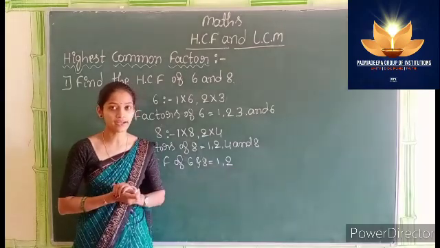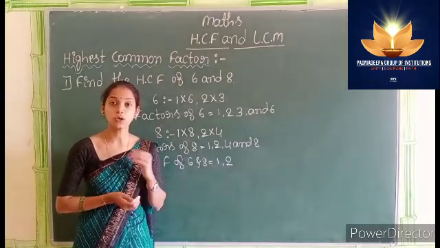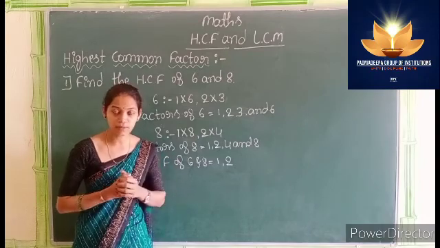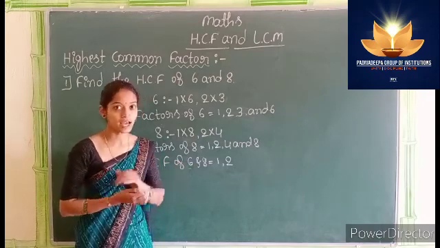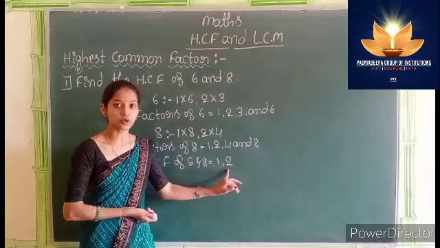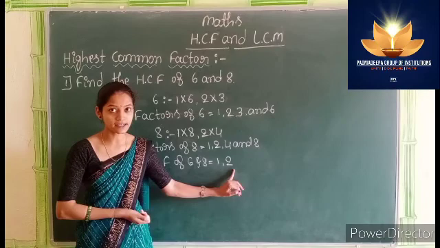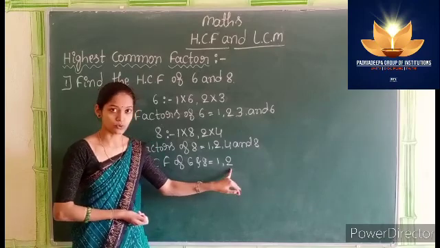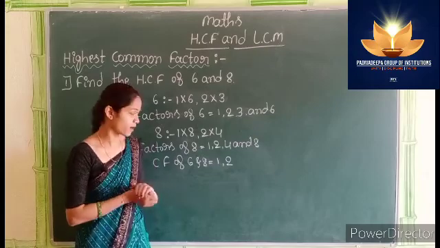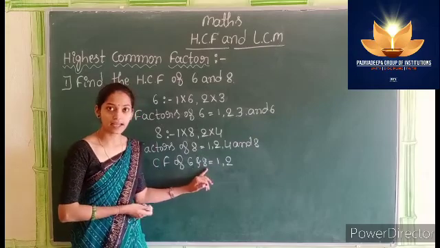Now we have to find the HCF, right? HCF means the highest common factor of the given numbers which divides them exactly. Students, tell me, among these 1 and 2, which number is greater? That is 2, right? So 2 is the highest common factor of 6 and 8.